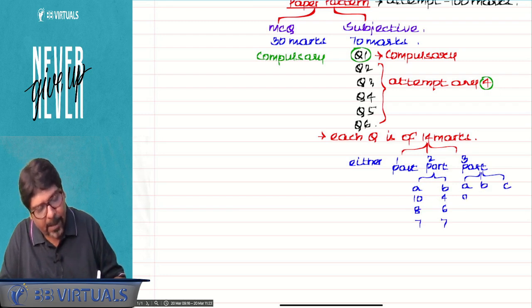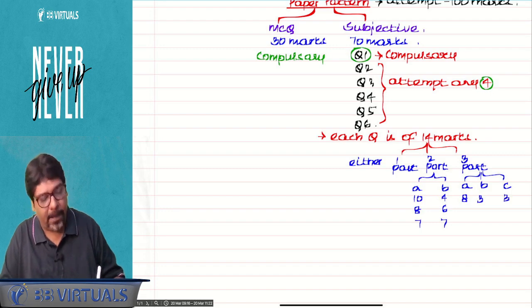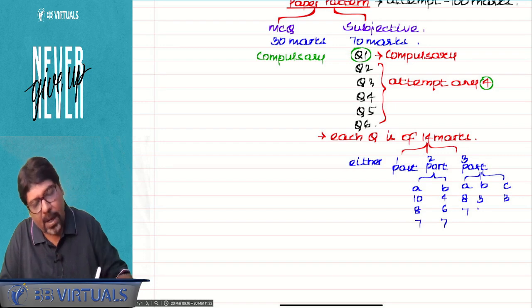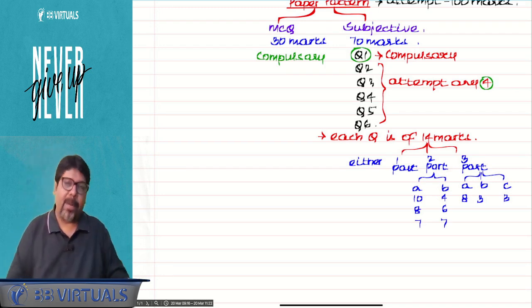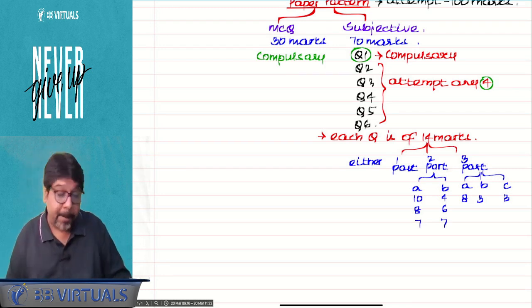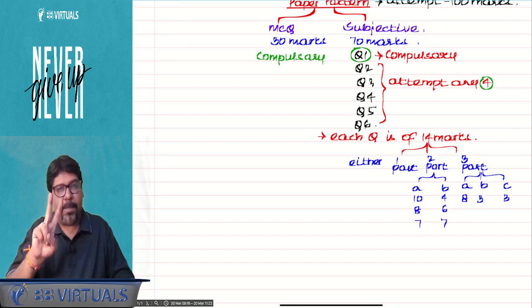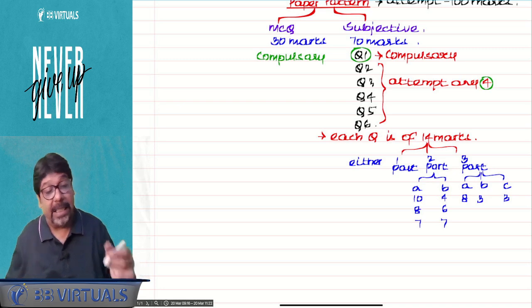B, C. It can be 8, 3, 3. It can be 7, and some combination they can give 3 questions also. So there can be 1 part, 2 part, or 3 part.